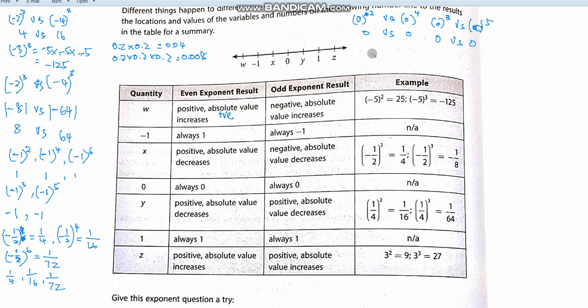Now, for example, I have 3 squared versus 3 to the power of 4. This is 9, this is 81. So you increase the power, the exponential, and you will increase the value.